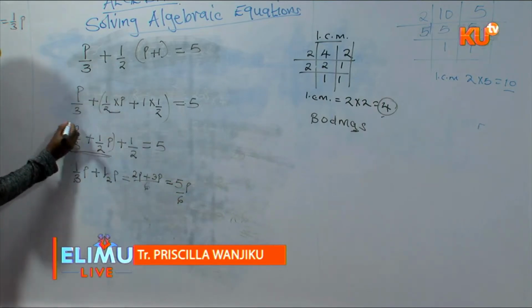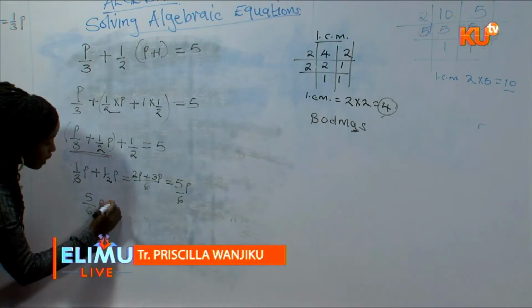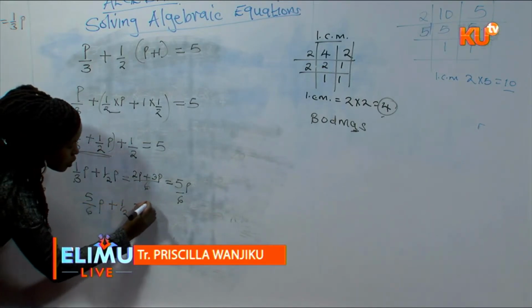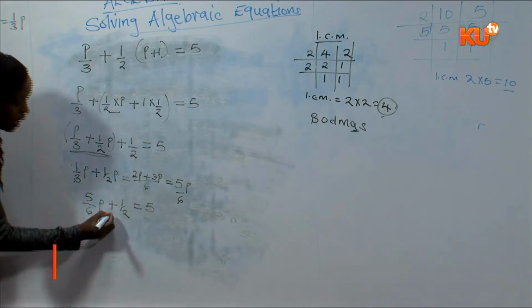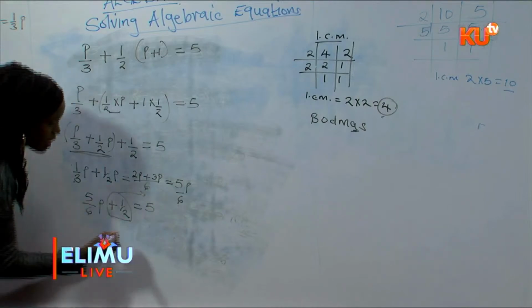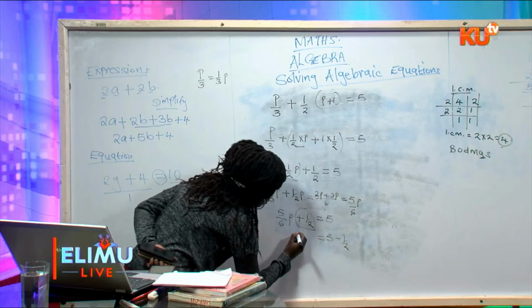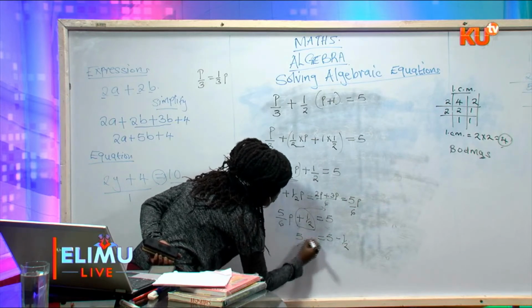Now we have solved this part. So 5 over 6P plus a half is equal to 5. I take this part, a half, to the other side. I'm going to have 5 minus a half is equal to 5 over 6P.